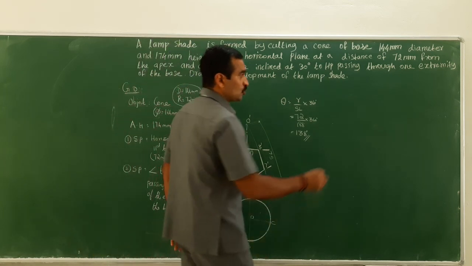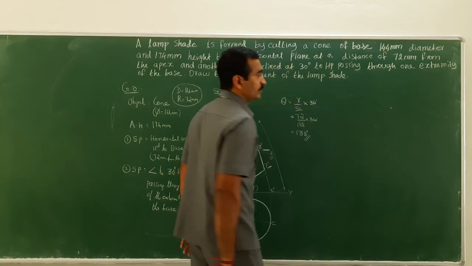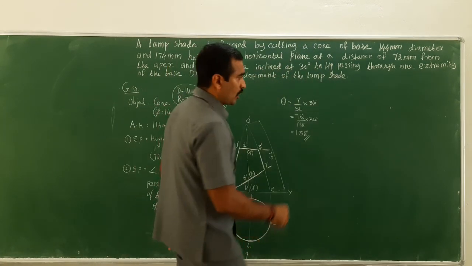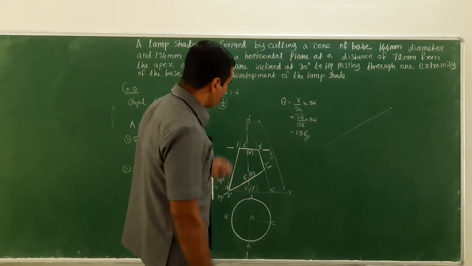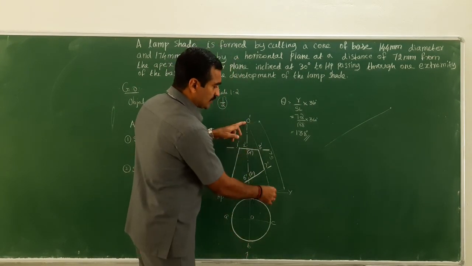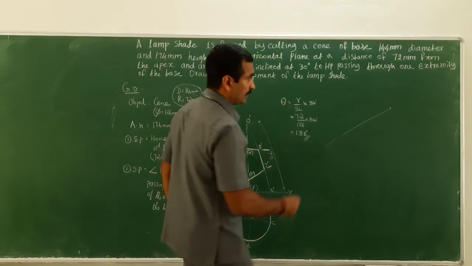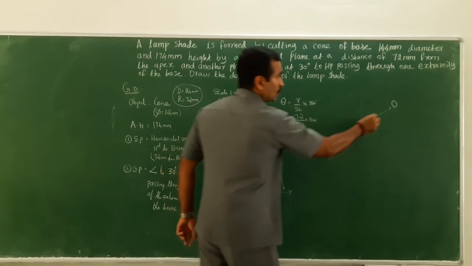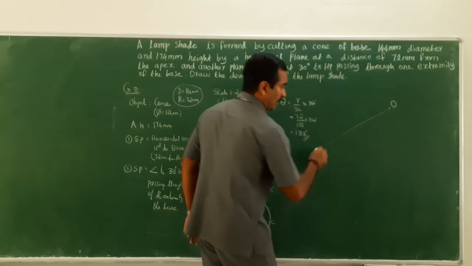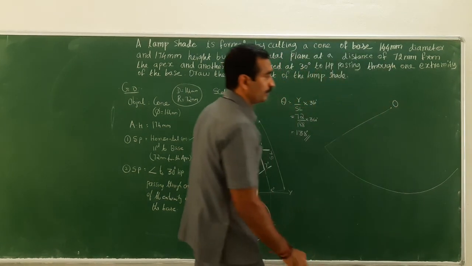So, now choose a point here. Draw an unconditional line. Now measure the distance OC in your compass, keeping the needle at O. This is O. Measure O to C. Now draw an arc.